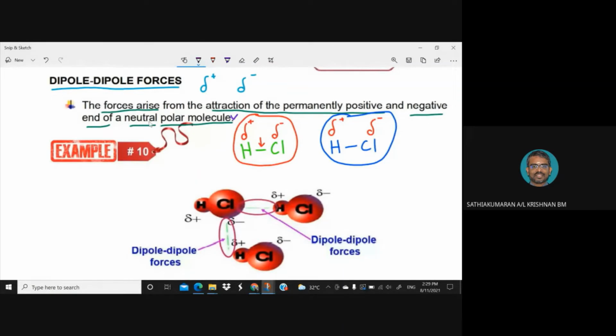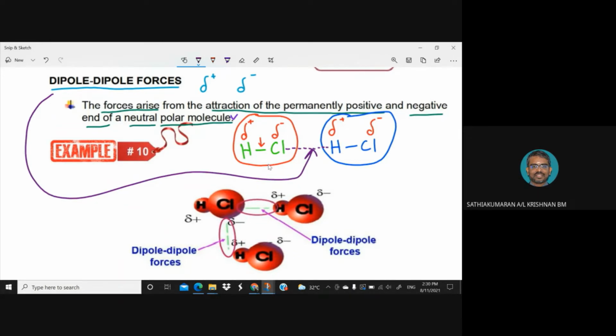The dipole-dipole forces arise from the molecules attracting each other. What will attract? The permanently positive and negative ends. So the negative end is here, the positive end is here. So here will be the forces. This force we call dipole-dipole forces.